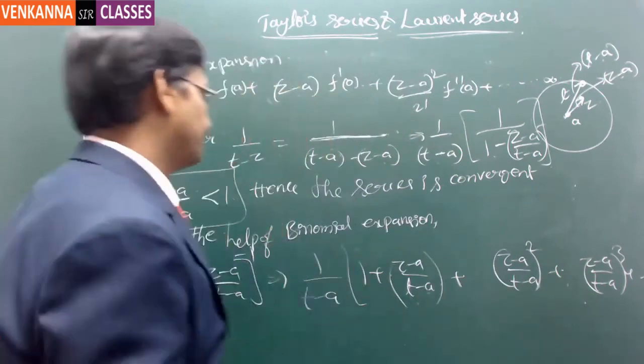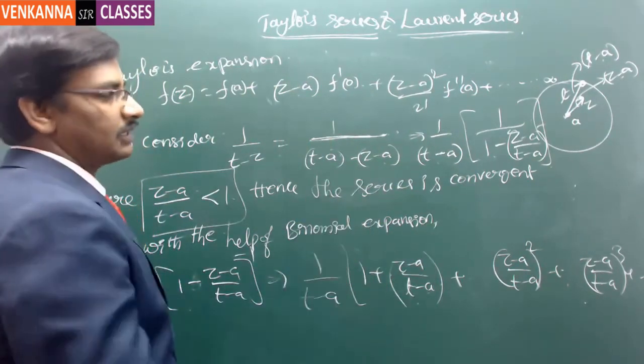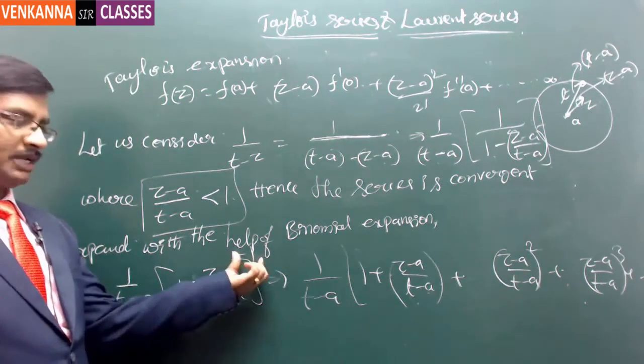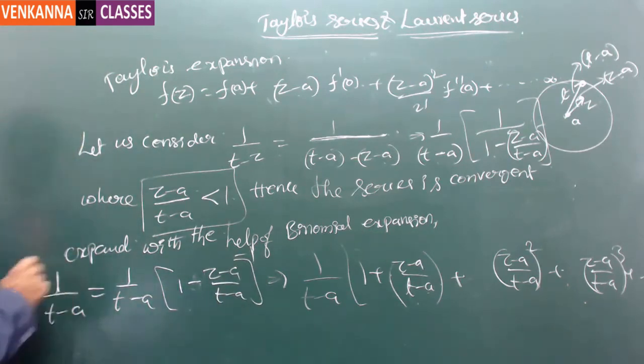So this is 1 plus x plus x square plus x cube plus up to infinity. This is the binomial expansion for the function 1 minus x whole power minus 1. Now here this value is equal to 1 by t minus z.